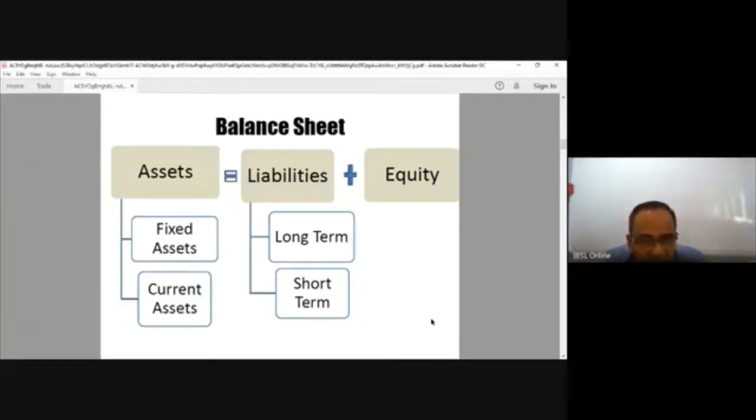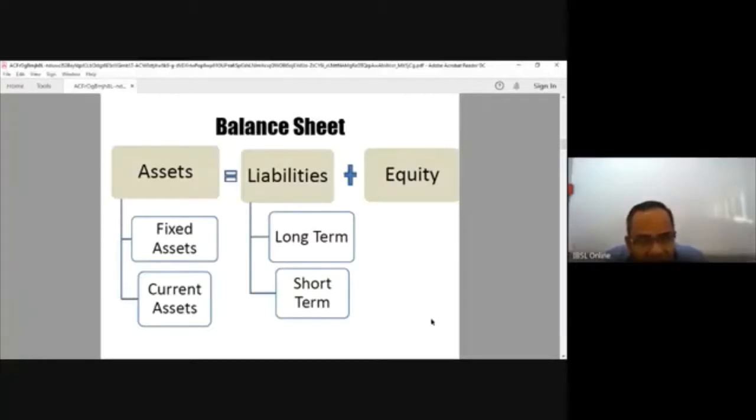So normally, how do you identify the equity or net worth of a business? It is the same formula: assets minus liabilities equals equity. That shows you that if the liabilities are high, if the borrowed funds are high, then equity will be lower.